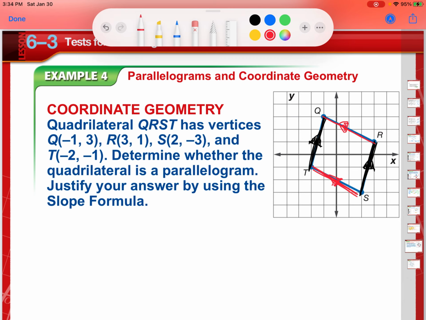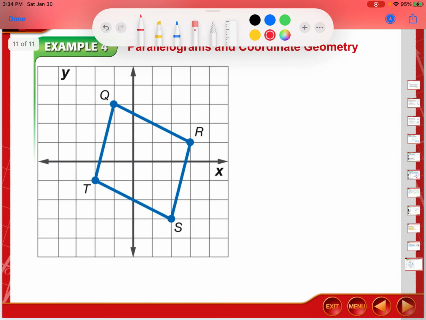There are a couple of shortcuts to doing this longhand, and I will show you those right here. However, I would still use GeoGebra. You can use GeoGebra to find the distance of each side to prove that the two opposite sides are in fact congruent. You could also use it to find slope. I haven't shown you how to do that yet, but it is a function on there.